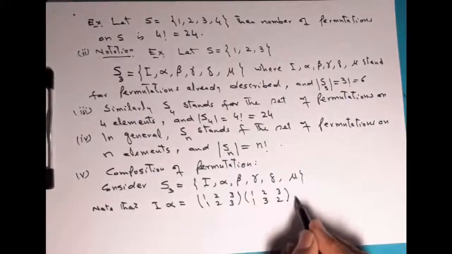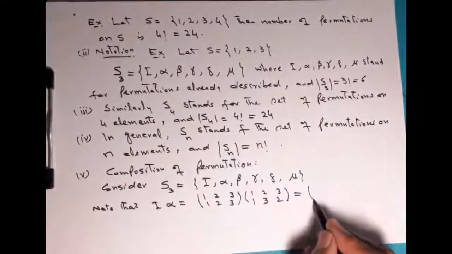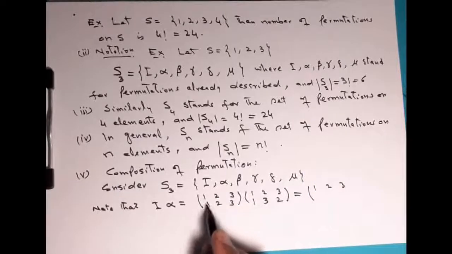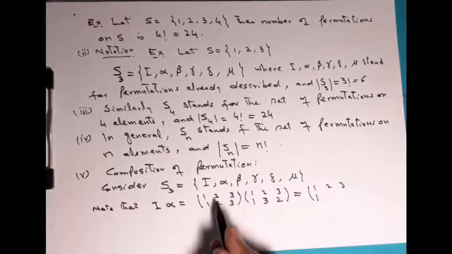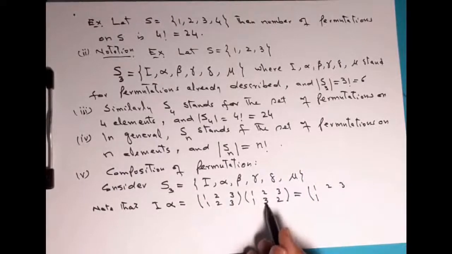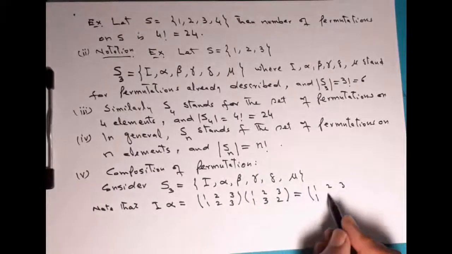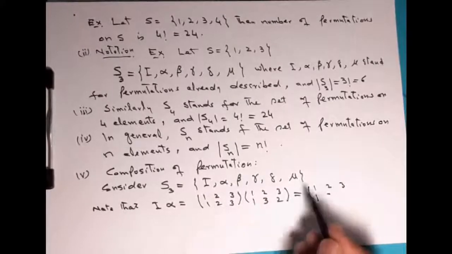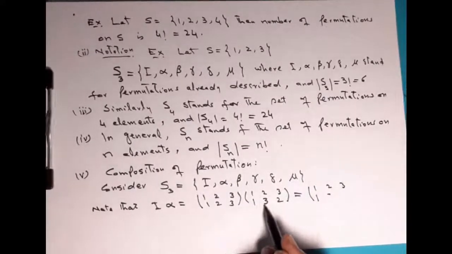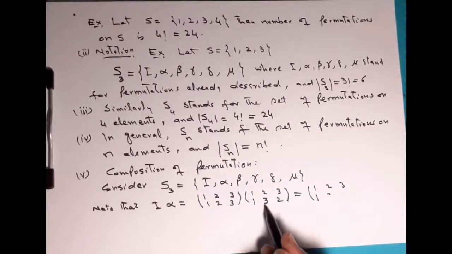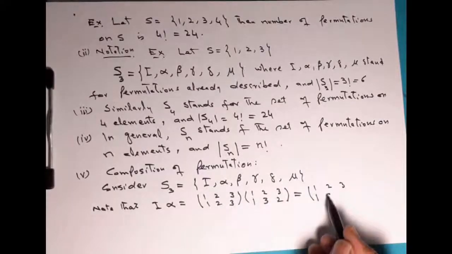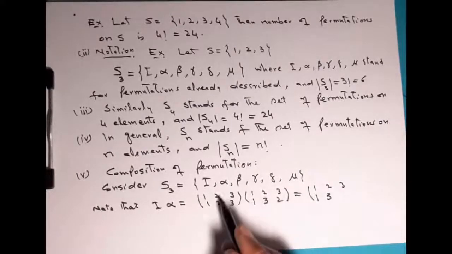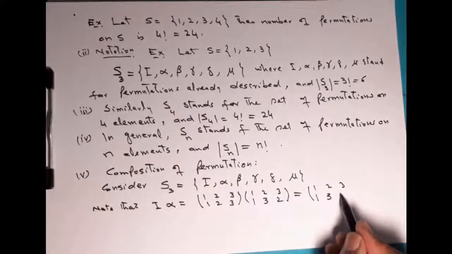So let's compose these with each other. 1 goes to 1, 1 goes to 1, so 1 goes to 1. 2 goes to 3, 3 goes to 3, so 2 goes to 3. And then 3 goes to 2, 2 goes to 2, so 3 goes to 2.